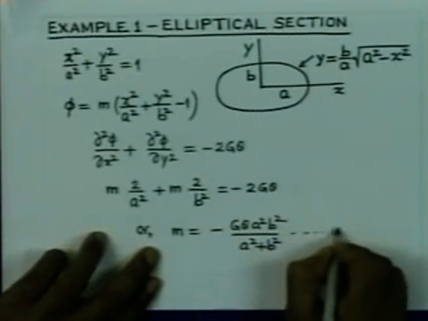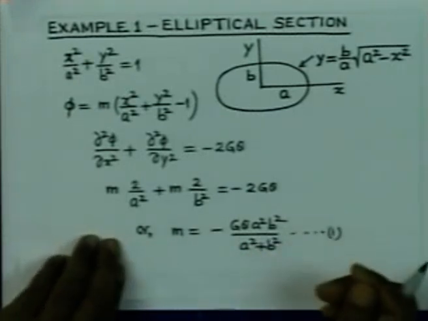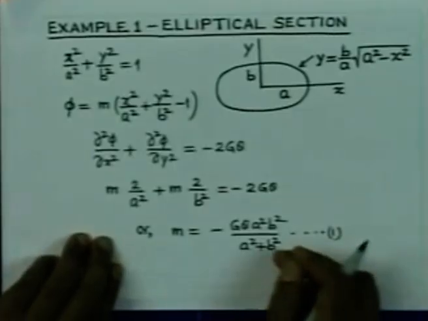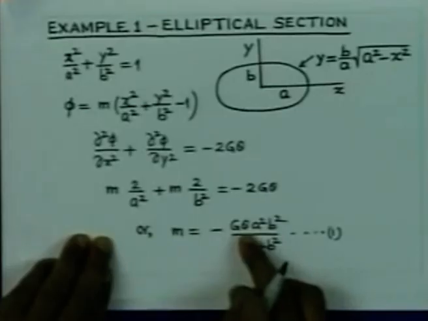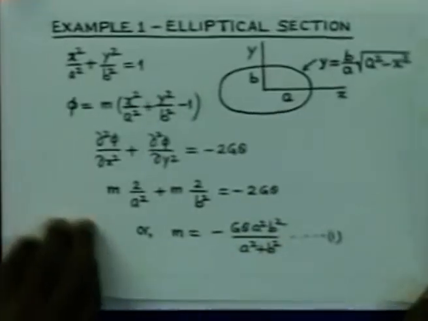Let us write that equation number 1. So we have got the value of constant m in terms of the angle of twist per unit length and the cross sectional dimensions.